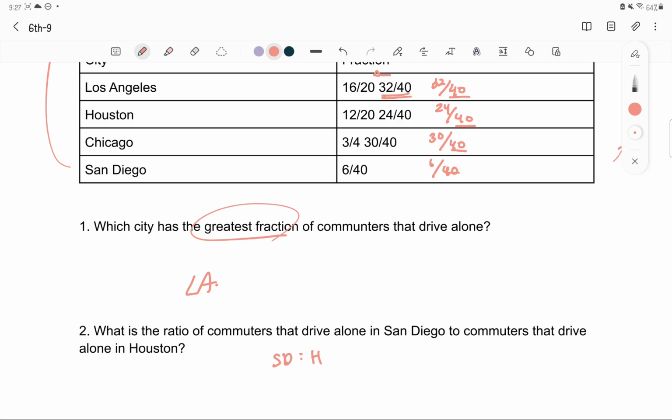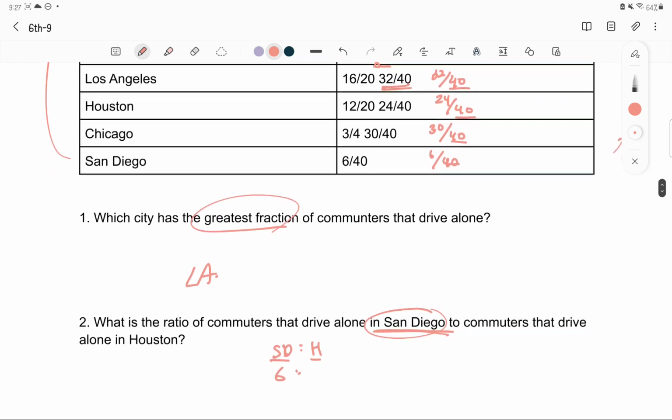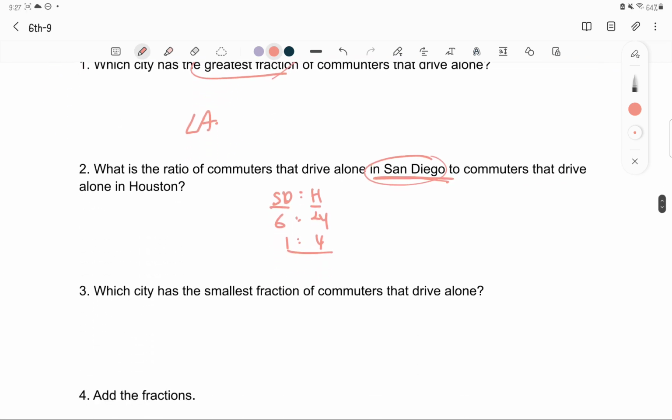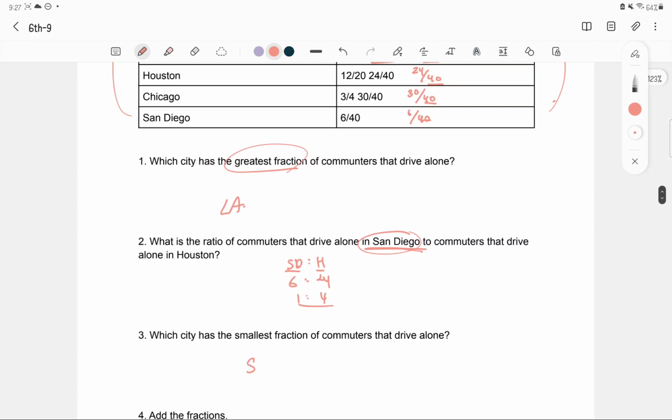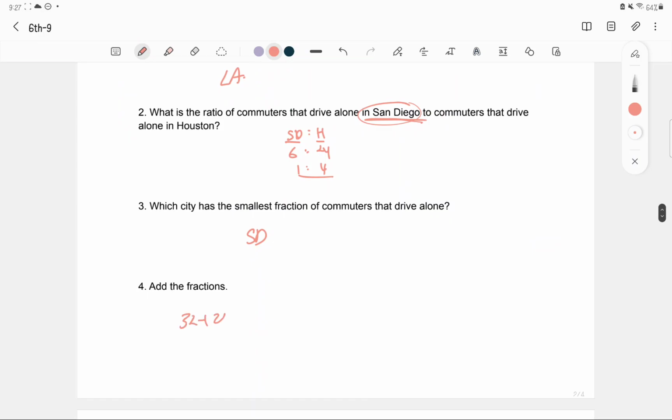The city mentioned first comes first, so San Diego comes first, which is 6, and Houston is 24. If you simplify, it's 1 to 4. The city with the smallest fraction of commuters is San Diego, with 6. To add the fractions, it's 32 plus 24 plus 30 plus 6 over 40, which is 92 over 40. If you simplify, you get the answer.